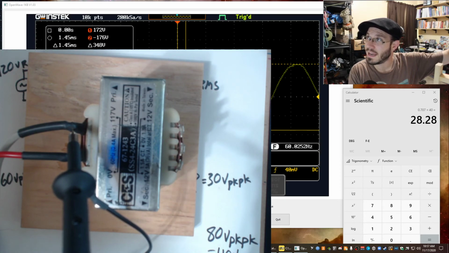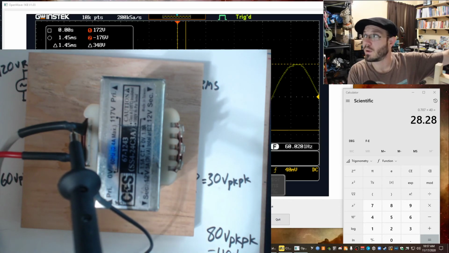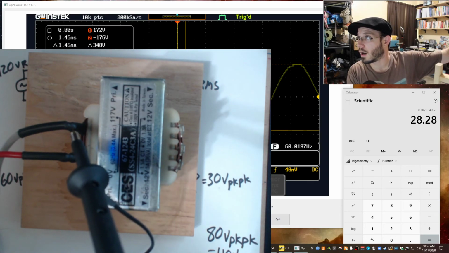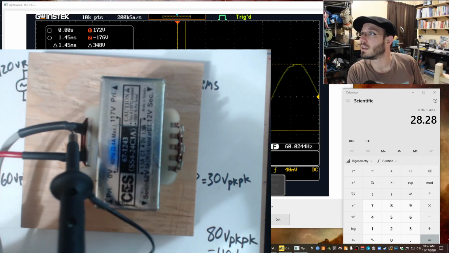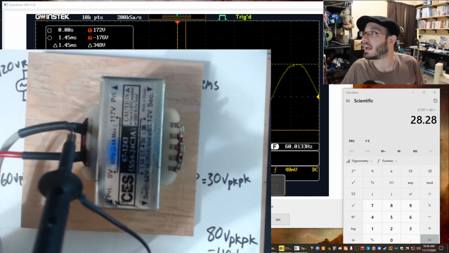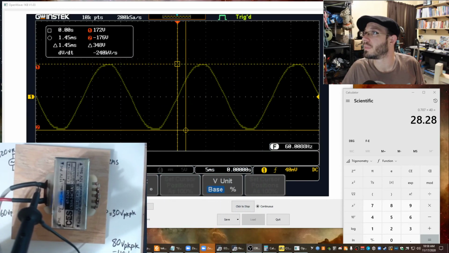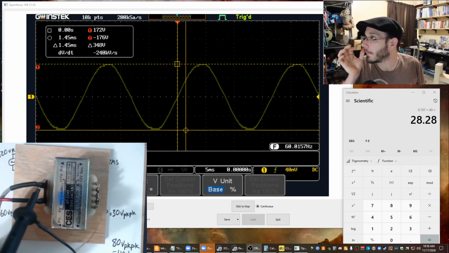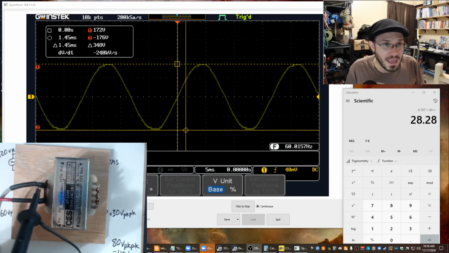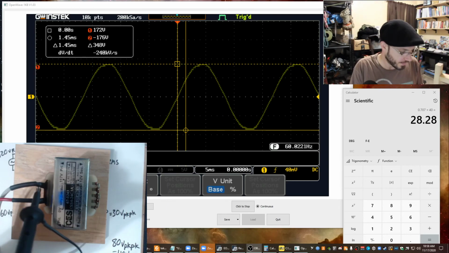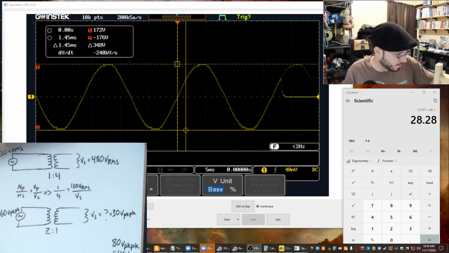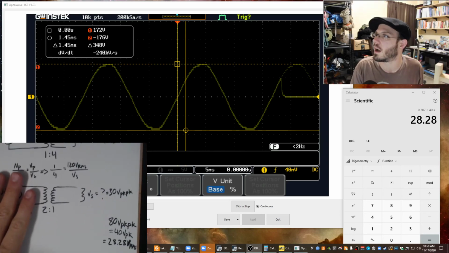That's exactly what I expect to get out of my electrical outlets. 170 volts peak, which is 120 volts RMS. Look at the delta. Sorry, I should have backed this off a little bit. Look at the delta, 340 volts peak to peak. So I am getting what I told you guys was coming out of my electrical outlet. That's pretty good. So I'm going to stop probing that and put the transformer off to the side.